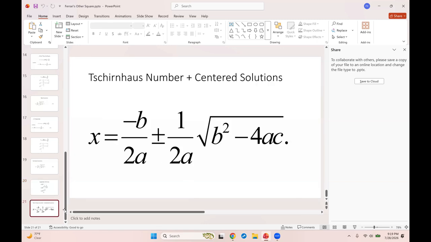And it's not too hard to get from that a form of the quadratic formula. It's the Chernhouse number plus all the solutions to the centered column. When I saw that, I suddenly realized that the quadratic formula has a more mathematical presentation than the normal one, and that's what motivated me to work on this research.